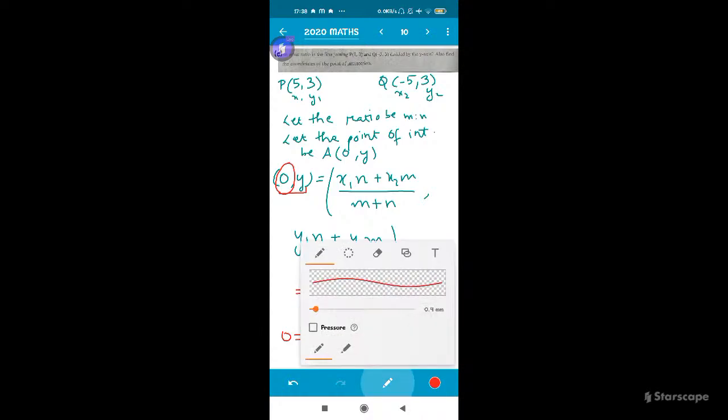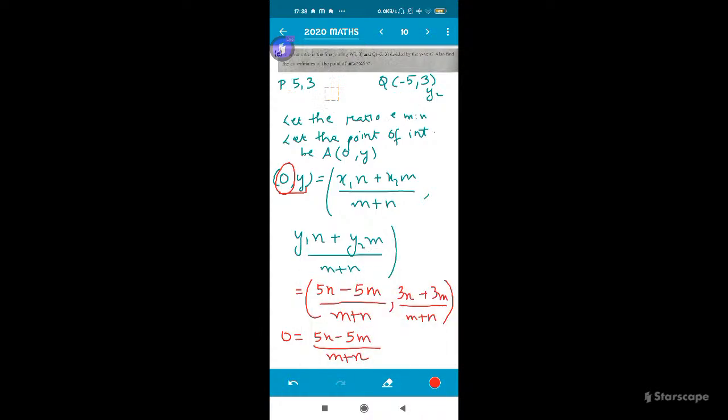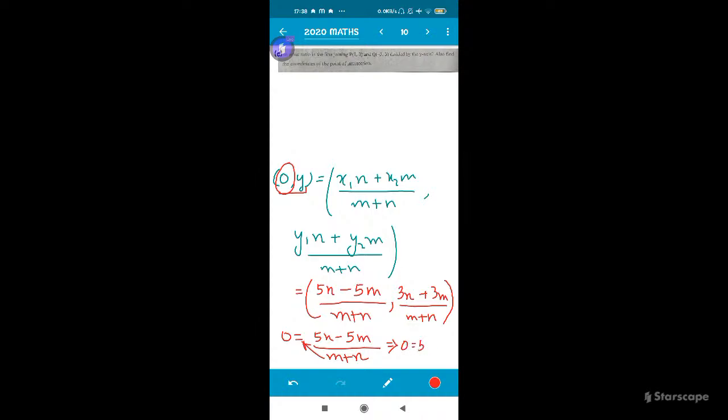Let me erase the things above. Okay, so from here, if you take m plus n to that side, by cross multiplication we will get 0 is equal to 5n minus 5m. So from here you can write 5m is equal to 5n.